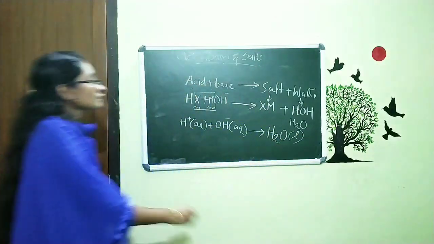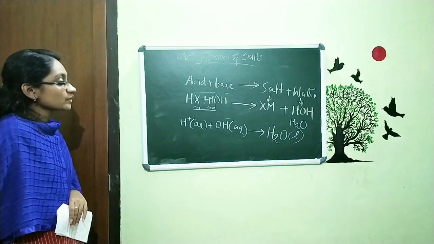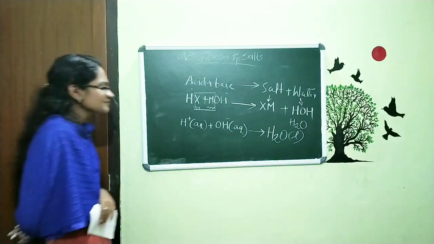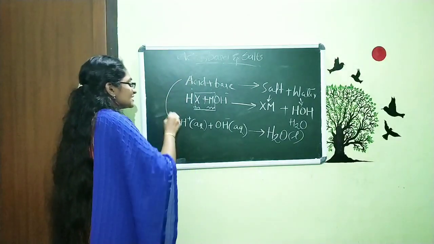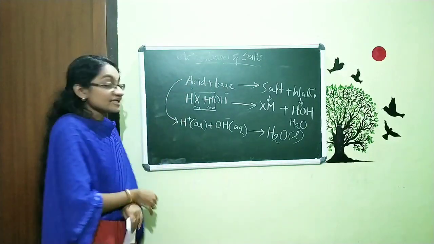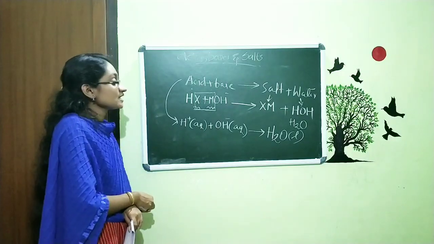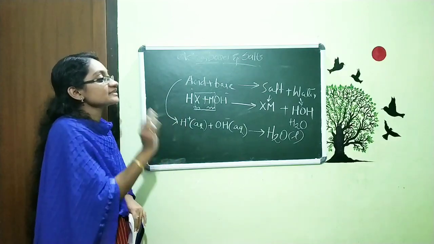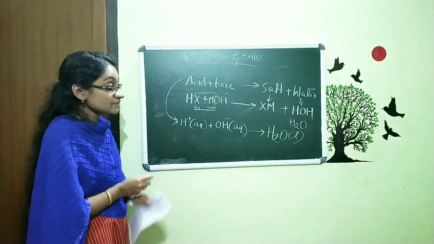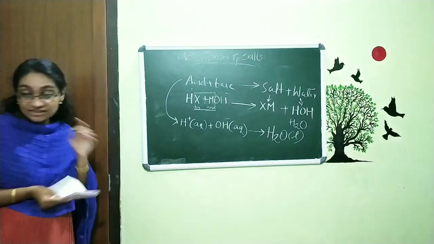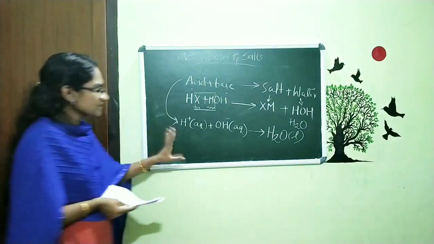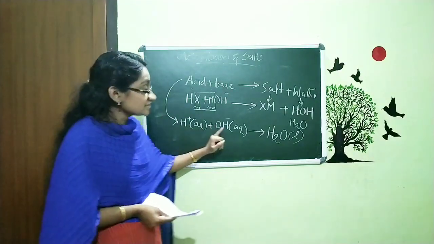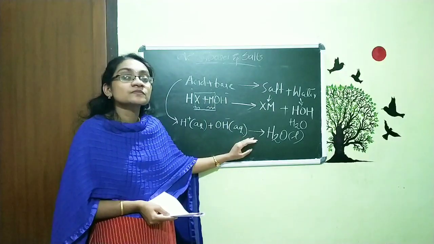So when the H plus ion and the OH minus, meaning the acid and base, react, the equation is the same as this, but here we are notating it with the positive ion and the negative ion, H plus aqueous and OH minus. So when they react together, we get water. That is the meaning of this equation, and you can see it in the textbook. So just remember this H plus aqueous is the component of acid, and this OH minus aqueous is the component of base.